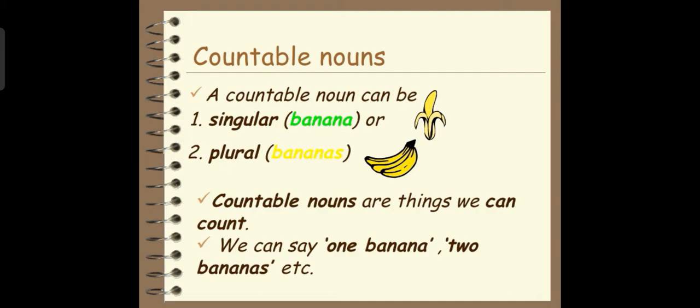Countable nouns are things we can count. We can say 1 banana, 2 bananas, 3, 60, 50 bananas, etc. So, if we can count a thing, noun, person, or place, it's called a countable noun.